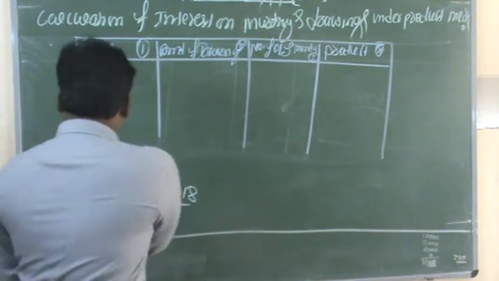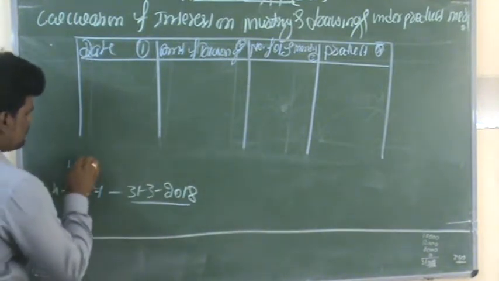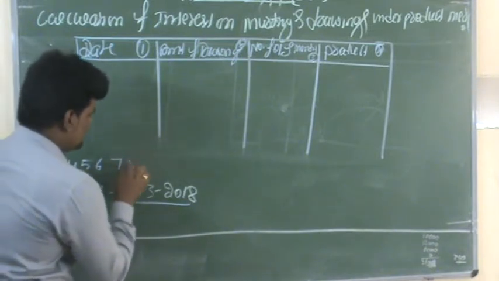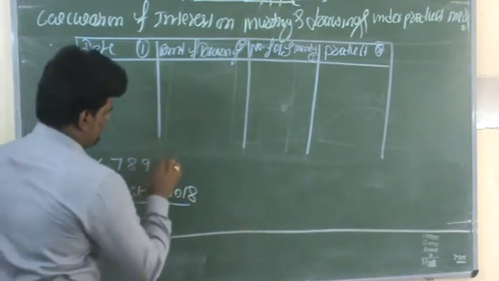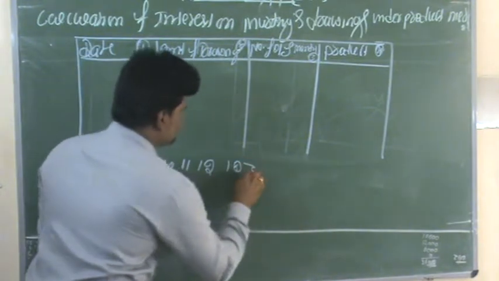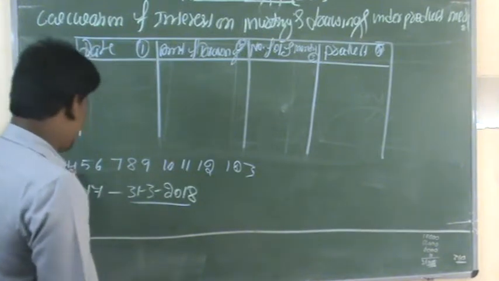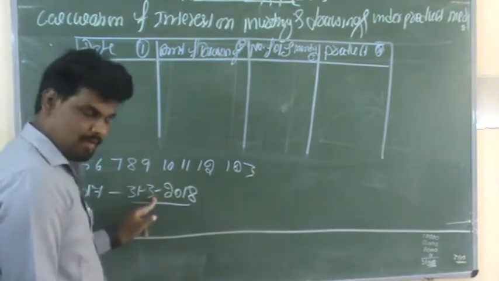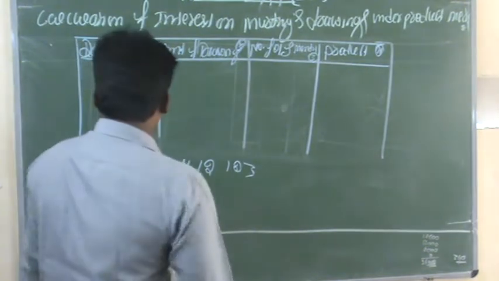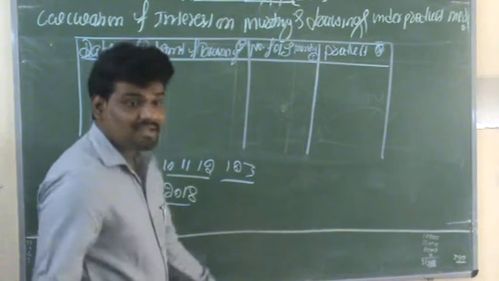So here as on 1, 4, 5, 6, 7, 8, 9, 10, 11, 12 and 1, 2, 3. The assessment year begins on 1 April and ends on 31st March. So this is the total number of months in a year. One year equals 4 quarters. At the beginning of each quarter they are withdrawing.